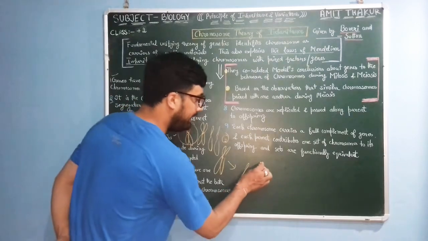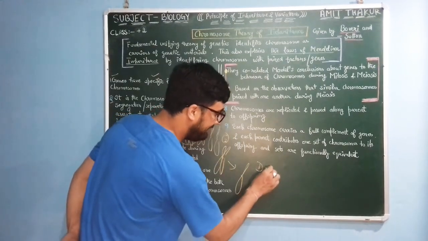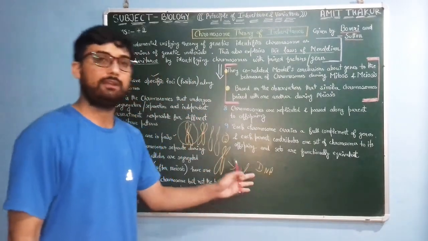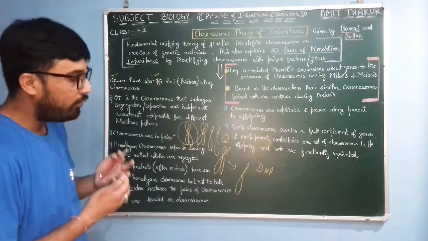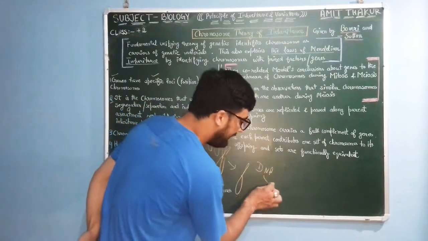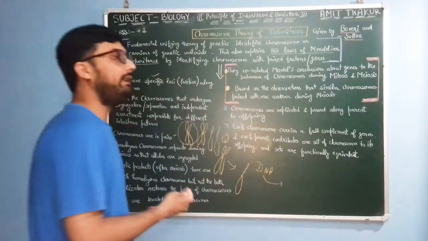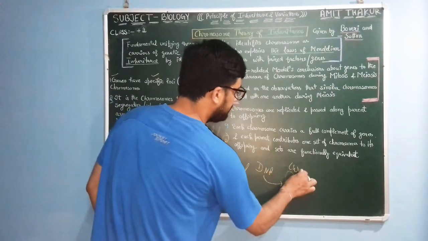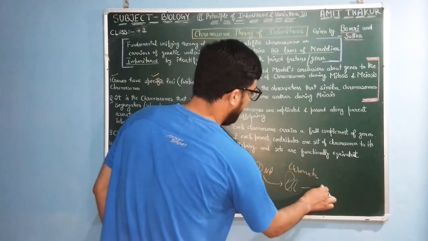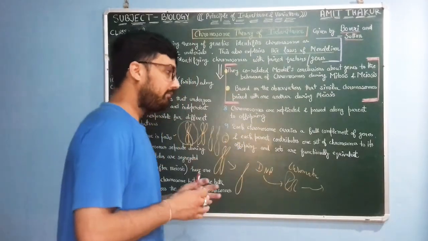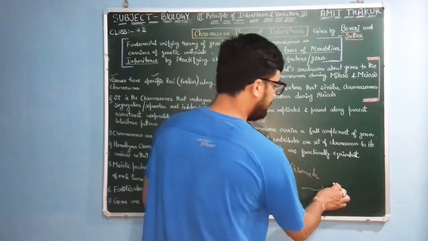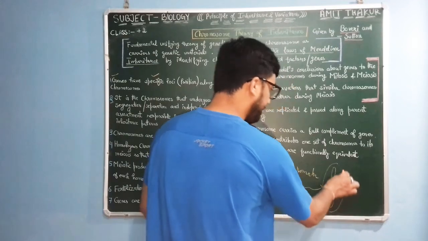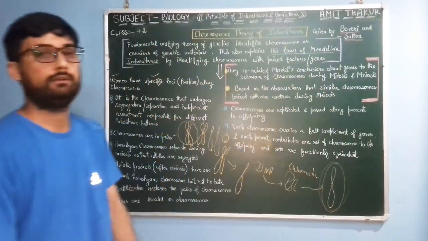As I have told you about DNA or RNA, actually we will talk about DNA, which is a genetic material. This DNA molecule aggregates to form irregular, indefinite, thread-like structures called chromatin, and these chromatins then aggregate to form a definite structure, which is known as a chromosome.